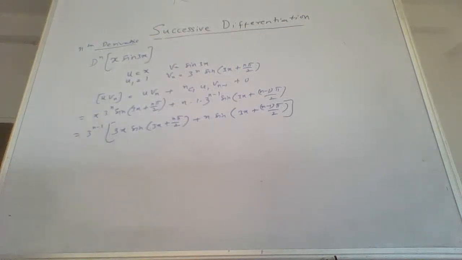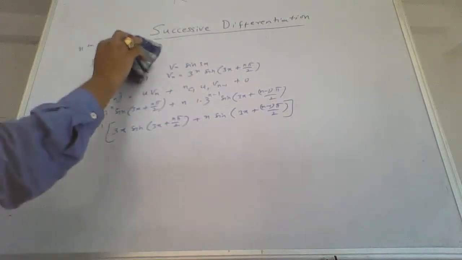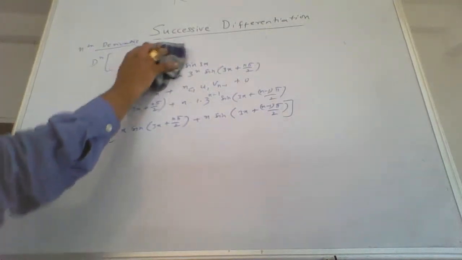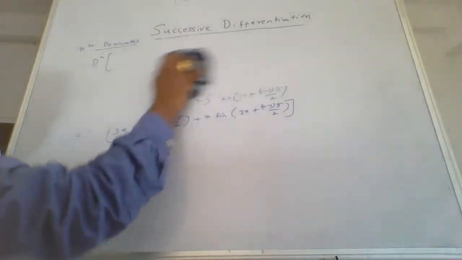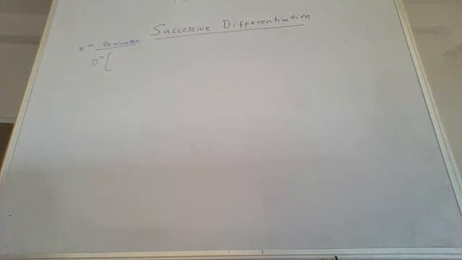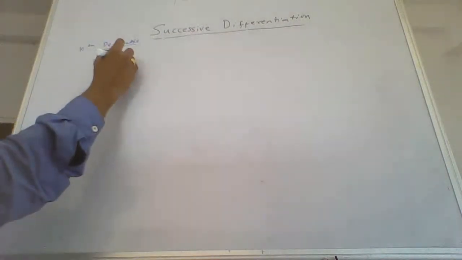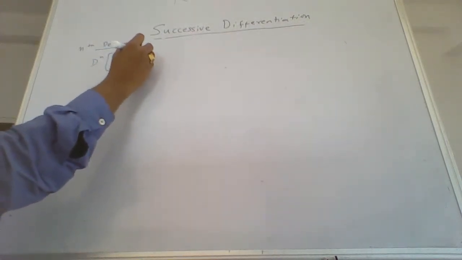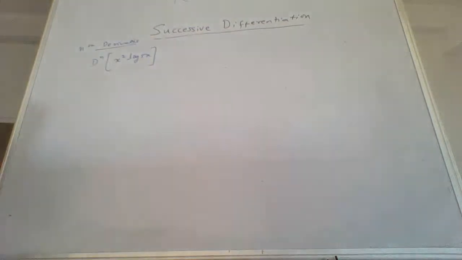Suppose I have another, which is x square log 5x. Let us find the nth derivative of this. How do we solve this?